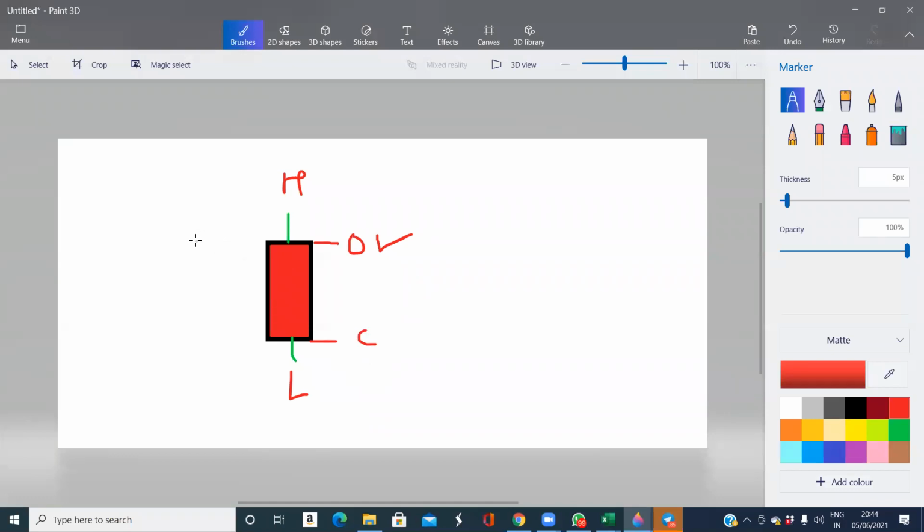Suppose any stock opened at 100 rupees. Okay. It closed at 95 rupees. It made a low of 90 rupees. And it made a high of 105.